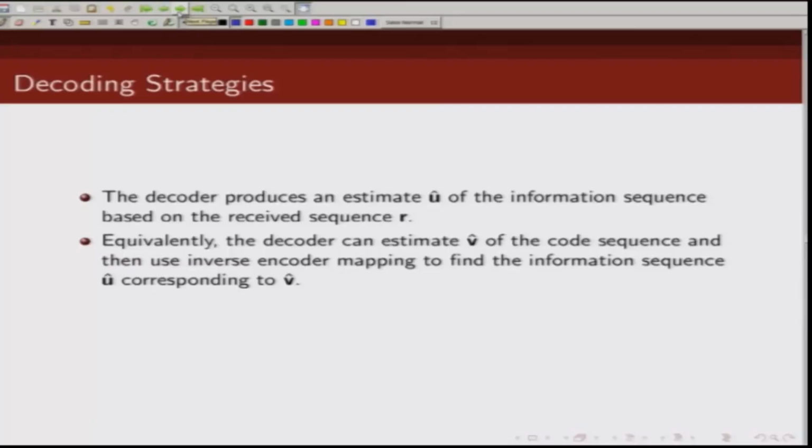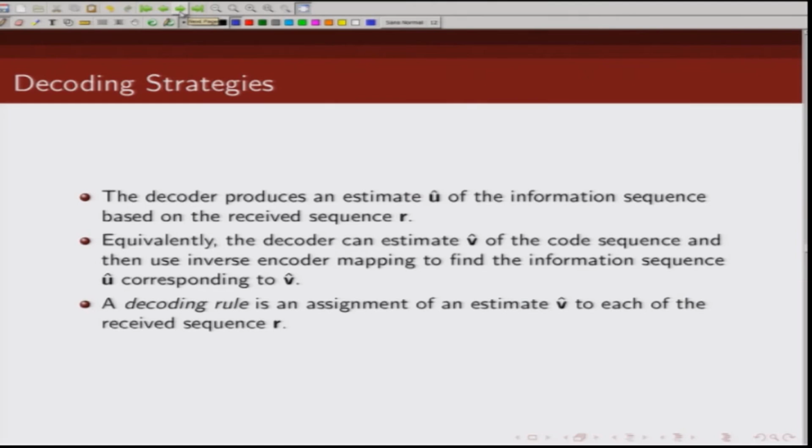because there is a one-to-one mapping from a particular code word to the information sequence. So, we can say equivalently that the decoder has to estimate the code sequence given a receive sequence R, because there is a one-to-one mapping from the message bits to the code bits.